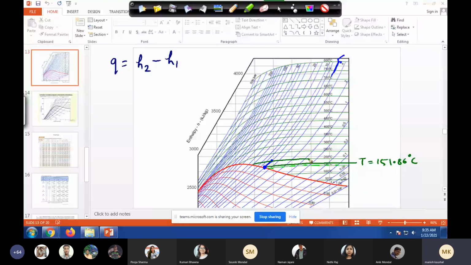Okay, so simple. This is stage 1, this is stage 2. And then how will you see H? At stage 1, if you are interested in the H, you simply go like this. Just check the value. This is your H1, and then follow this.